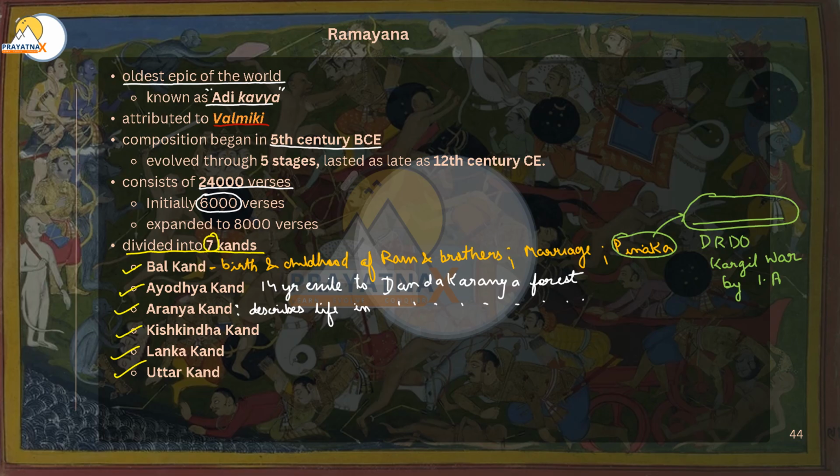Then we have our Uttarkand, which is an epilogue that details Ram's return to Ayodhya. Now, out of this, the Uttarkand and Balkand were added later.